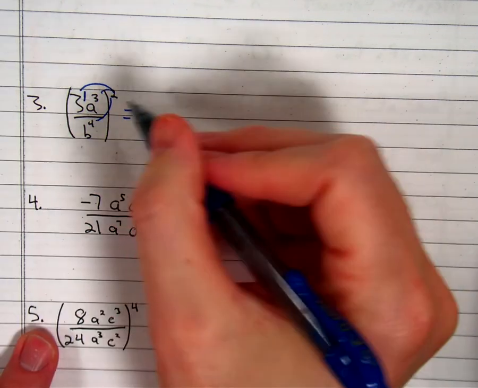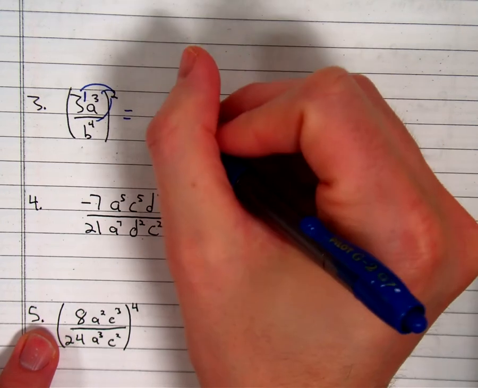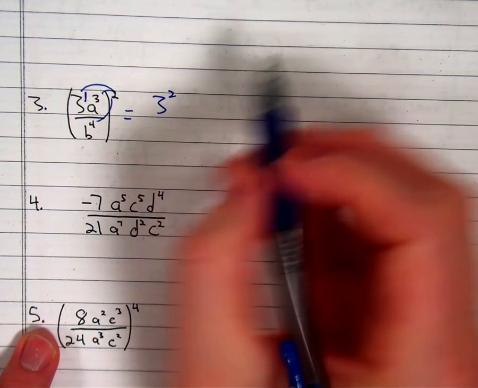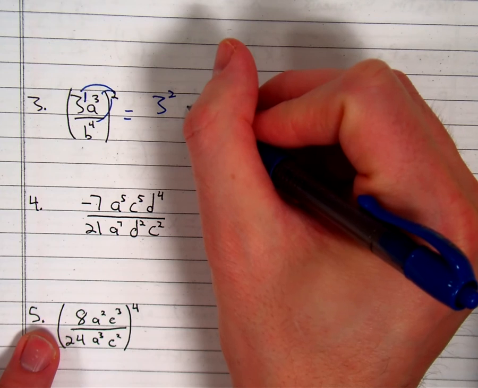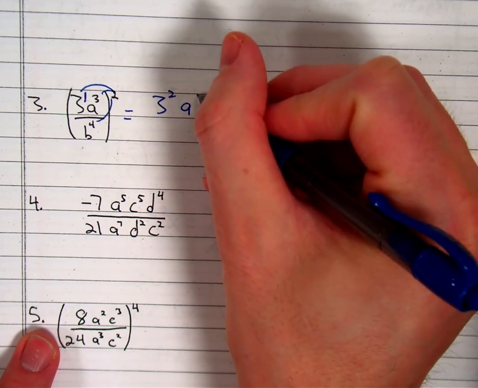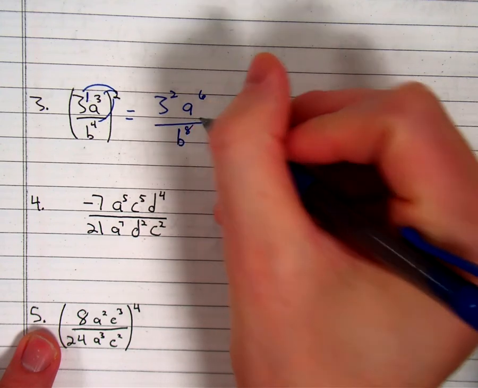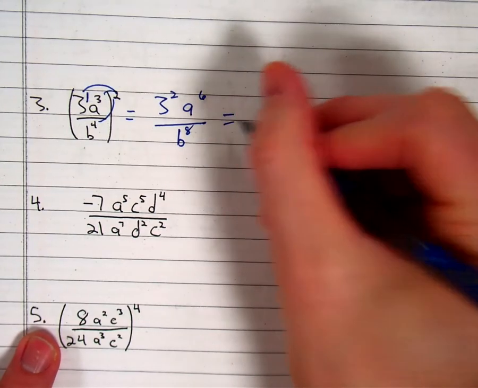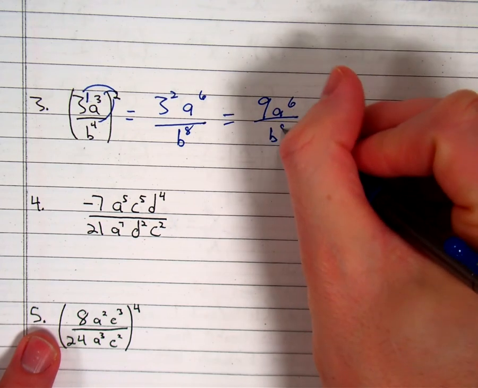So we're going to do power of a power. 2 times 1 is 2, so this is 3 squared. 2 times 3 is 6, so we have a to the 6th, and then 2 times 4 is 8, b to the 8th. And we know what 3 squared is, so 9 a to the 6th over b to the 8th.